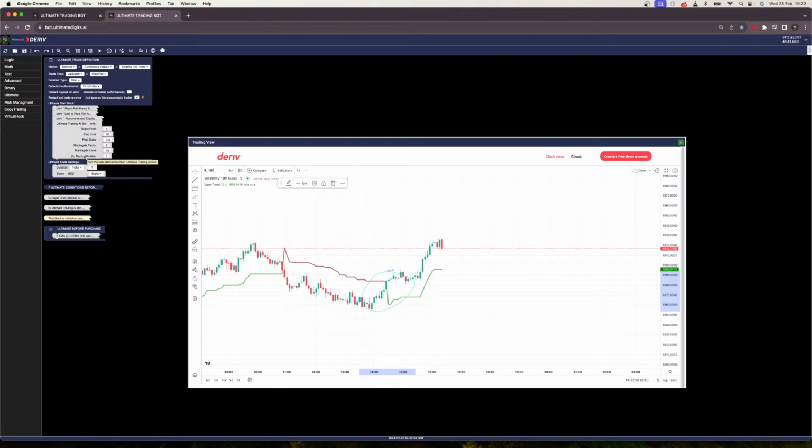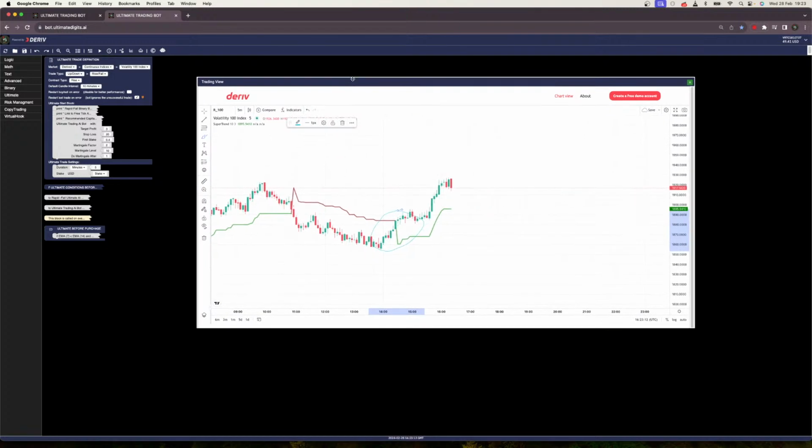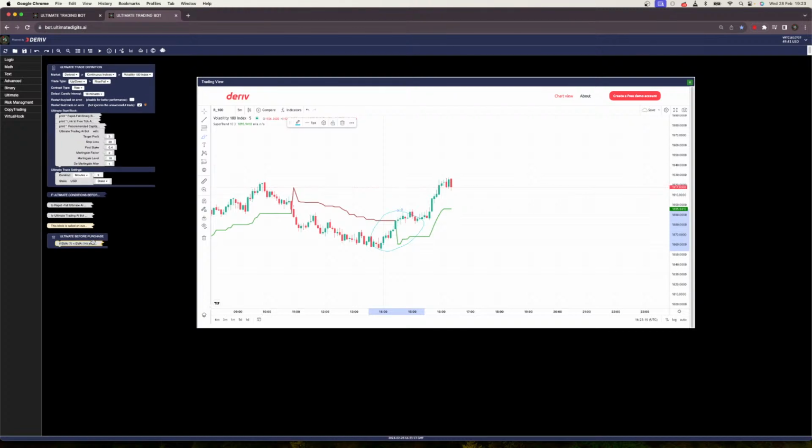So I'll leave it back to 1 and set the duration. The trade duration should be set to minutes, and I will be using 5 minutes because this is a long-term analysis approach to binary bot, combining technical analysis with binary bot trading, not just running the bot randomly. So check everything is set.